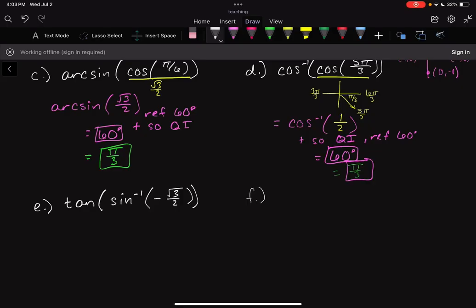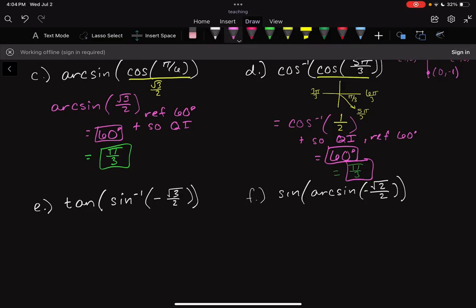Let's do sine of arc sine of negative root 2 over 2. Maybe let's make it negative.